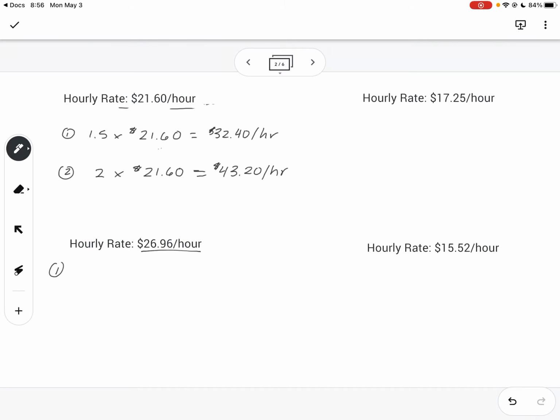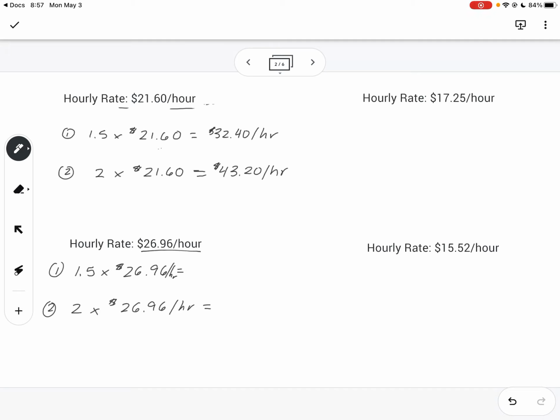For $26.96 an hour, we've got 1.5 times that regular rate per hour. For double time, we've got 2 times 26.96 per hour to give us our double time rate.